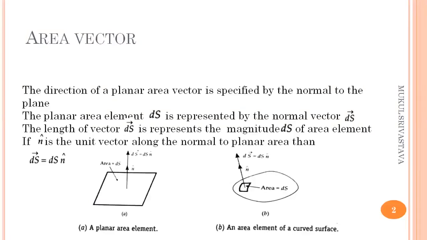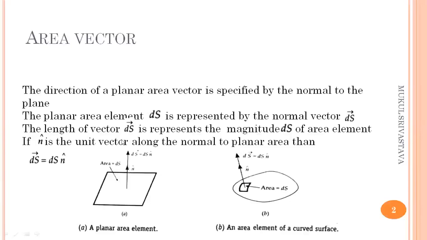Now, in this case, we are going to consider the planar area element ds, and it is represented by the normal vector ds vector. The length of vector ds is represented by the magnitude ds of the area element. Now, n cap is the unit vector along the normal to the planar area.